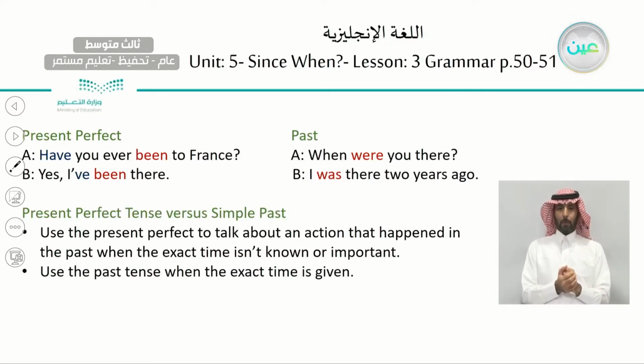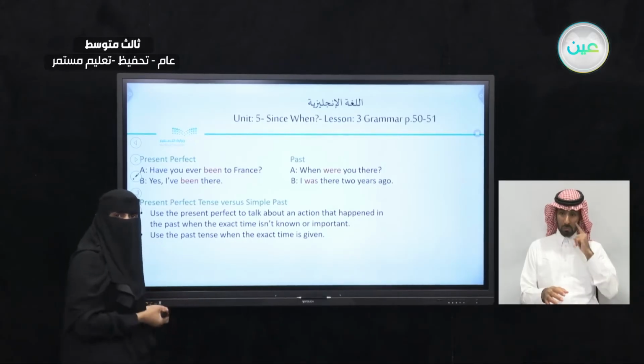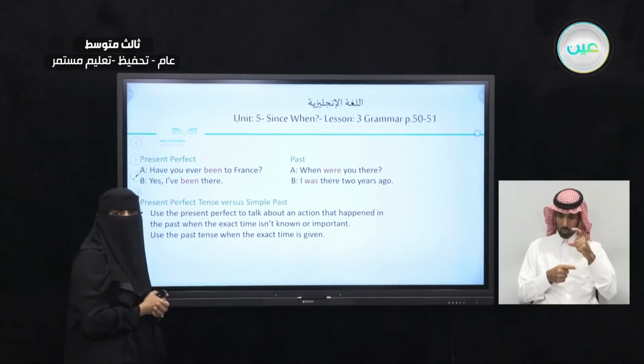Also here, you can find it in your book. Let's read the rest of it. Present perfect tense versus simple past. We use the present perfect to talk about an action that happened in the past when the exact time isn't known or important. Sometimes we don't know the specific time, and sometimes we focus on the action more than the time.